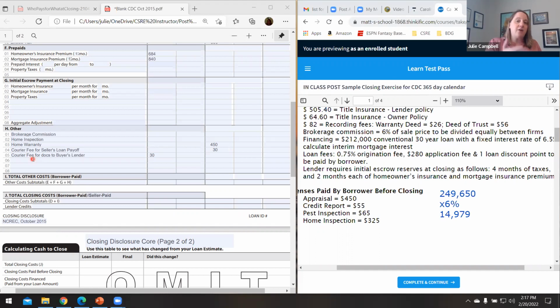If you want to split this out for your test, you're more than welcome to. Really what I'm looking for is that $14,979. So if you want to divide by 2 and put 7,000-whatever on two different lines, I don't care how you do it, but bottom line, we need that full amount.